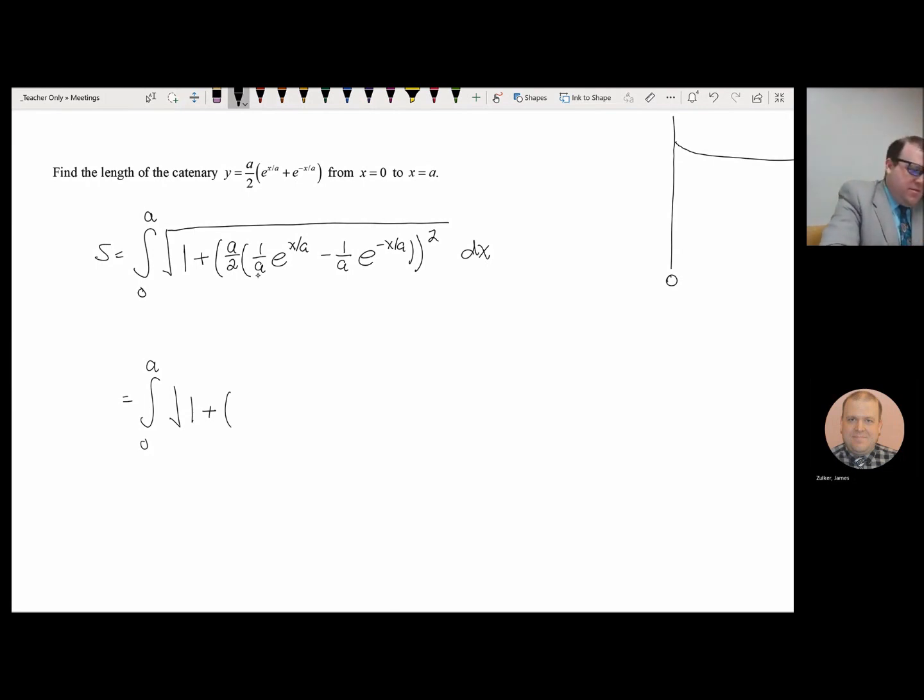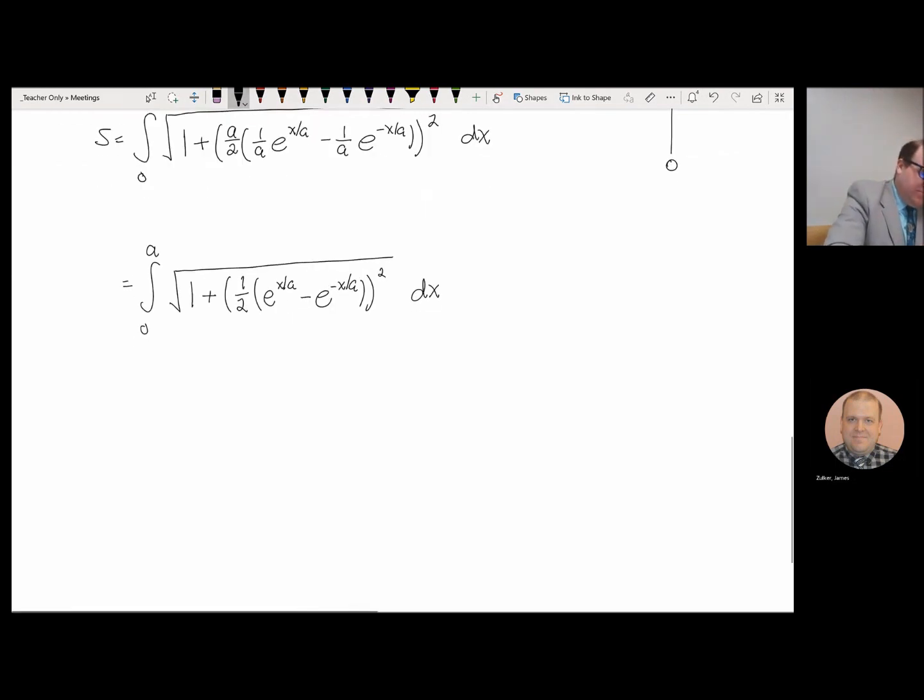Notice a 1 over a is common. That's going to drop out of this. It's going to be a 1/2 squared, which is a quarter.